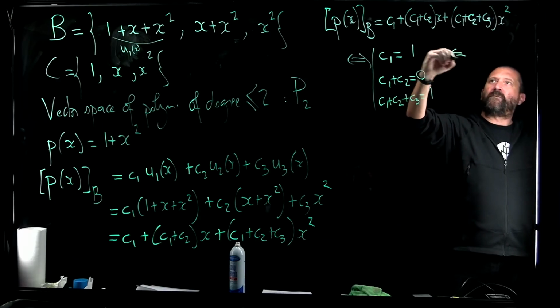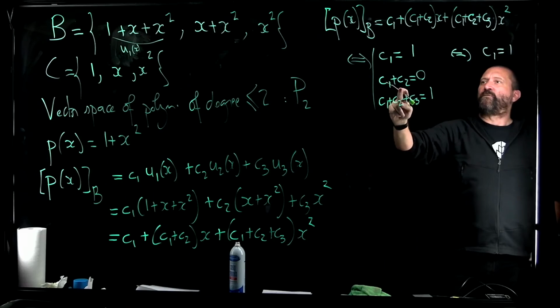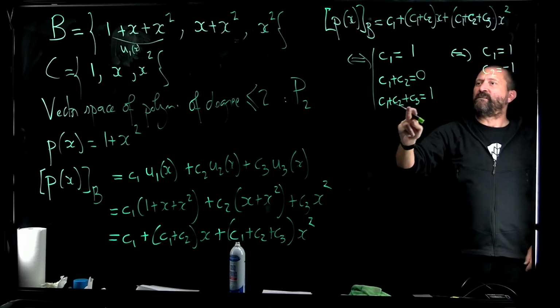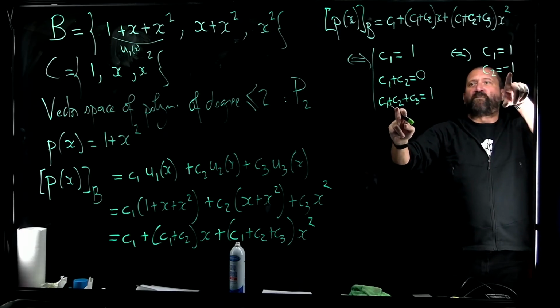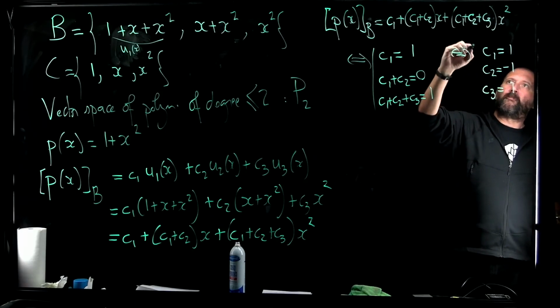That's equivalent to saying C1 is equal to 1, C2 is equal to minus 1, and C3 is equal to 1 minus C2, which is 1 plus 1, 2, minus 1, which is 1.